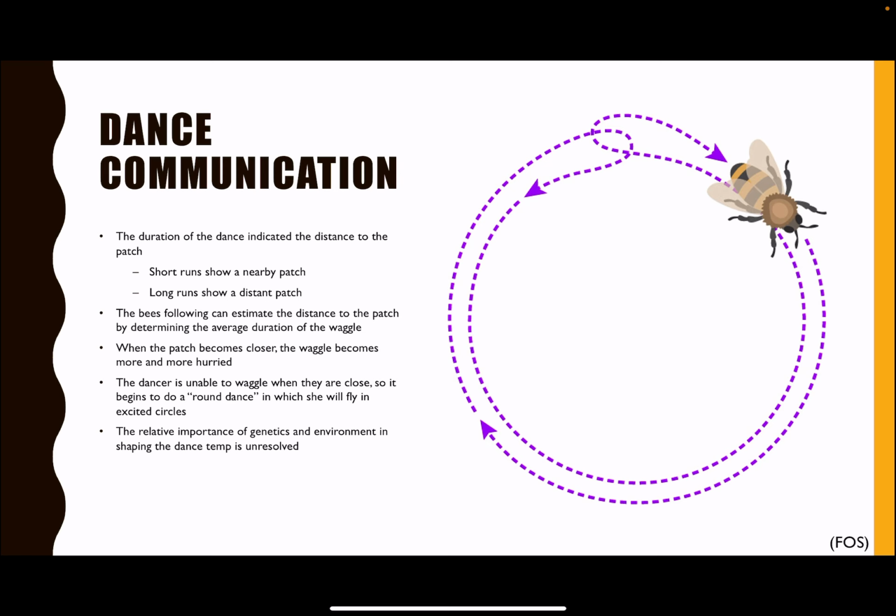Whenever the dancer can't waggle fast anymore, it's getting too close, so it's physically impossible to continue to waggle. It'll begin to do what's known as a round dance, shown in this image, and it's basically just flying in a bunch of circles. This shows that they are extremely close, right on top of it. Here we are, here's my patch.